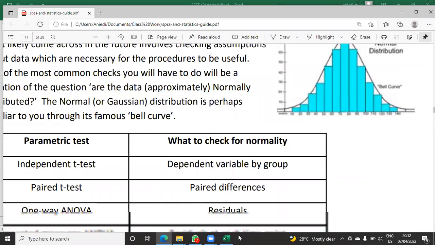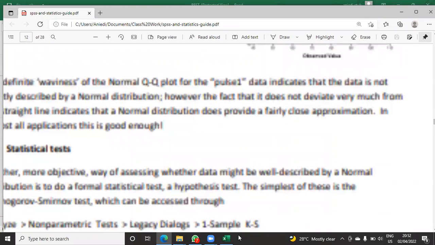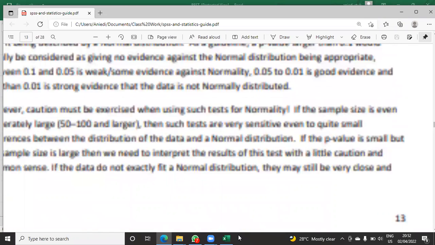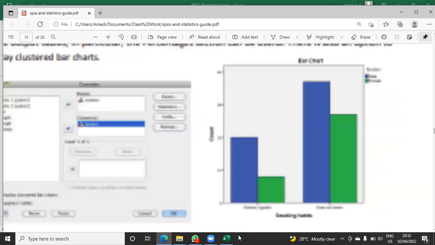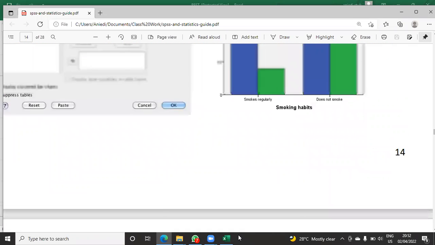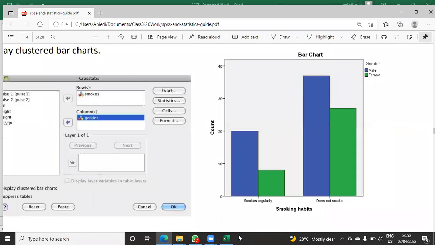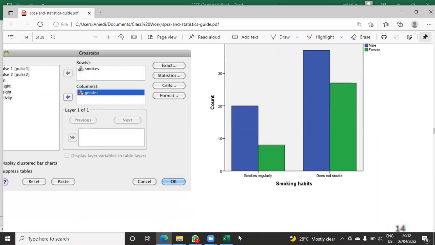This is data you can apply. So now, when we want to group them into male and female, you apply the independent t-test because each of them you want to see how they contribute to the dependency, the outcome.